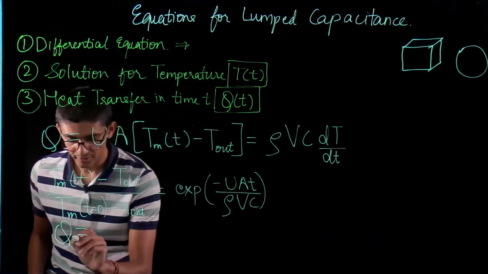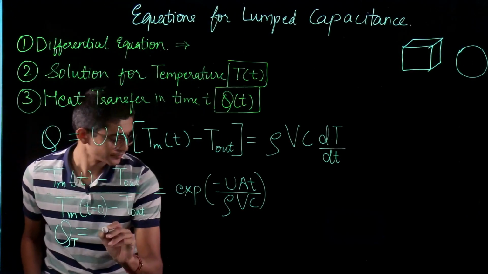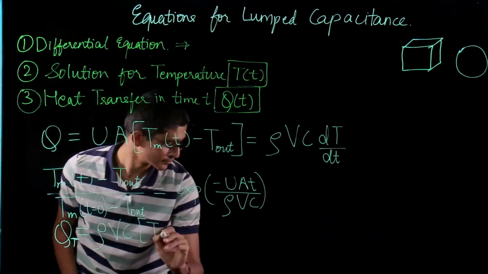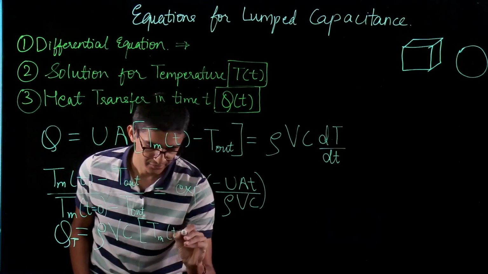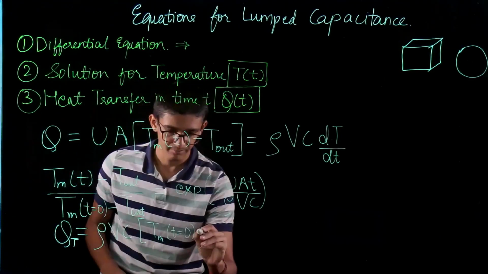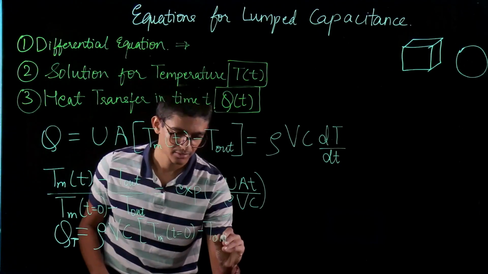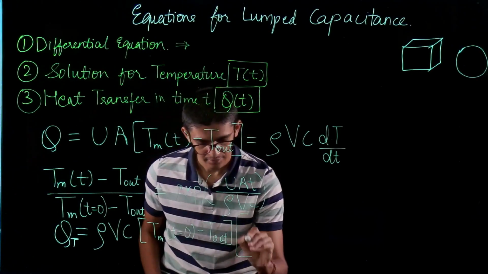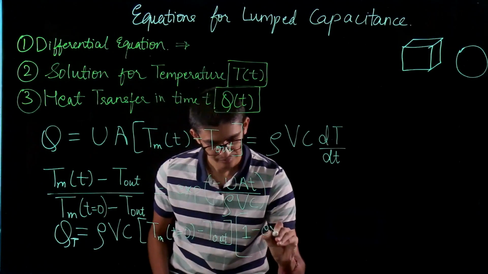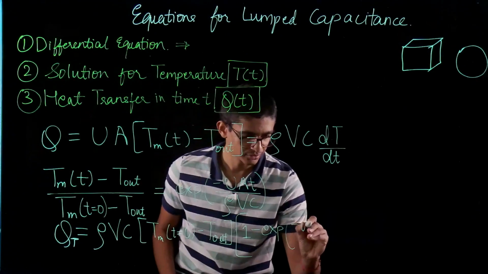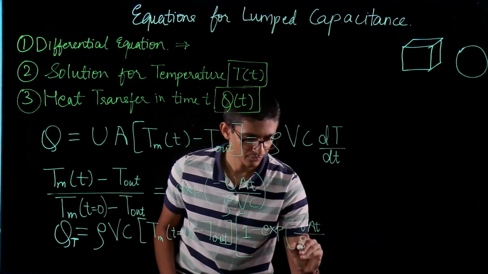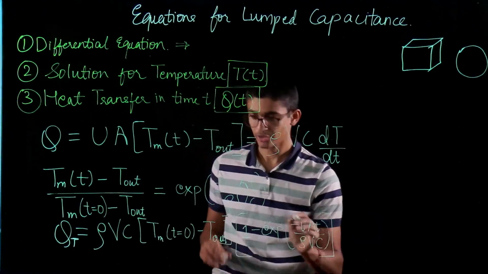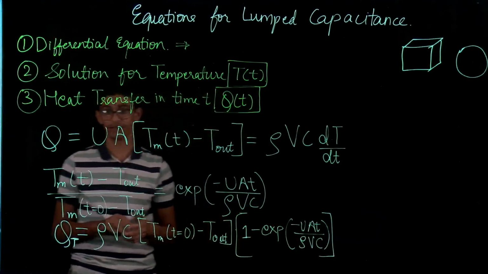And Q total is given by rho V C into Tm at t equals 0, the initial temperature of my body, minus T out, into 1 minus exponential of minus UA t upon rho V C. I hope the formula is clear to you and completely visible.